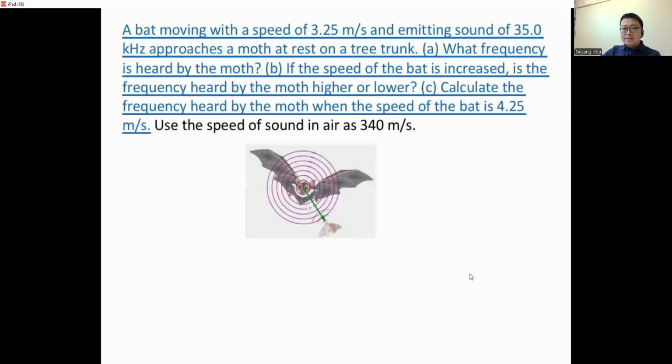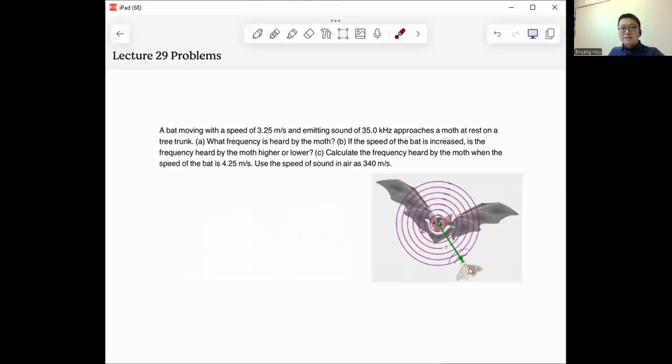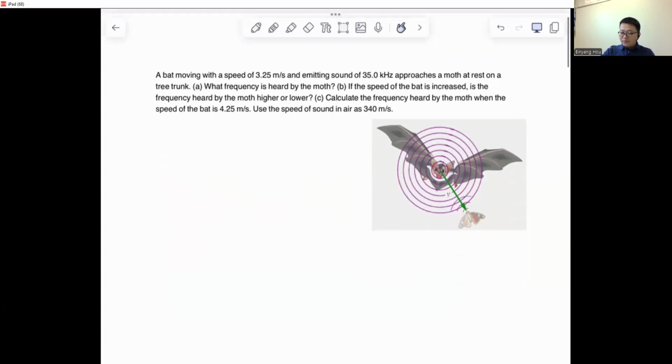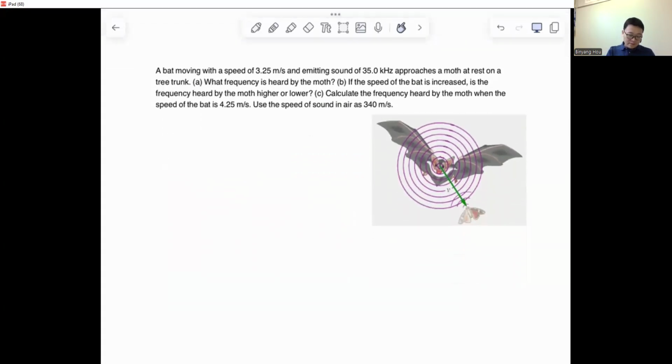All right, let's take a look at the first example of the day. This one says a bat moving with speed of 3.25 meters per second, emitting sound of 35.0 kilohertz.